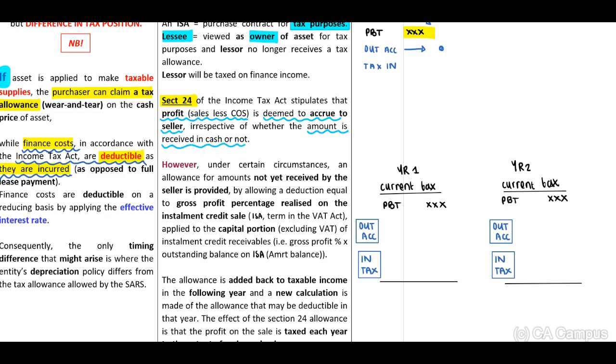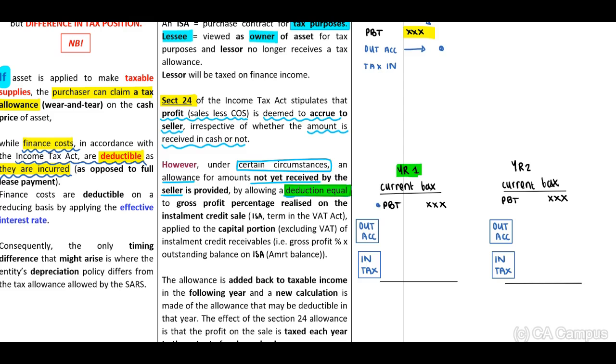However, under certain circumstances, an allowance for amounts not yet received by the seller is provided by allowing a deduction equal to, now don't look at the calculation for now, when you look at our calculation right side of your screen, in year 1, normal principles, current tax, determine profit before tax, profit and loss statement, take out accounting, include your tax.